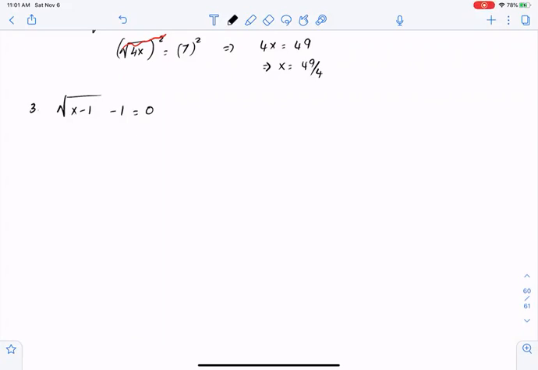It's not advisable because, once again, you're going to make the problem complicated. So I'm going to keep square root of x minus 1 in one side and move the number to the other side. So I have a single expression equal to a single number. Now I can square on both sides.